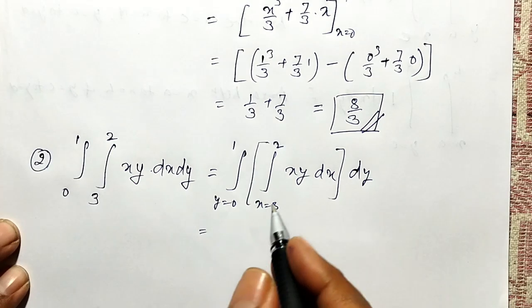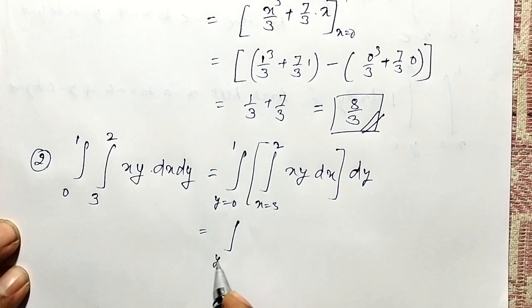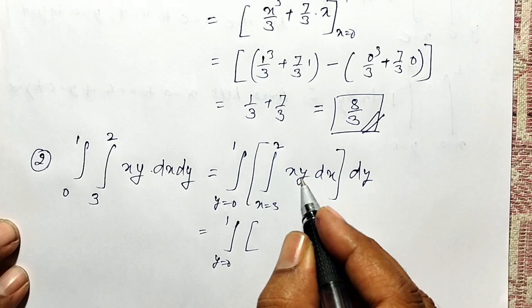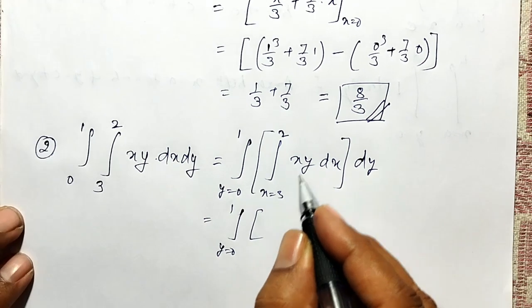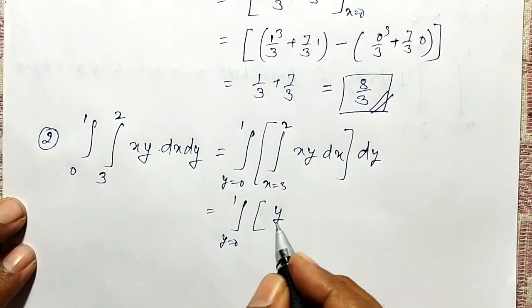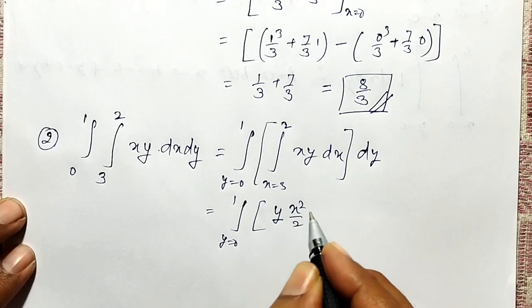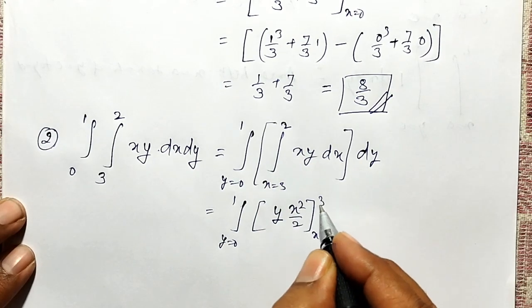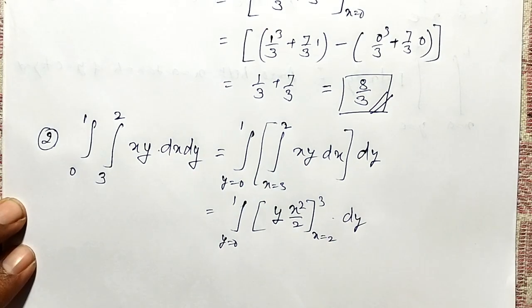Therefore, integration now first with respect to x, keeping y constant, y equal to 0 to 1. Integration of x into y with respect to x, we are keeping y constant, therefore y as it is, then integration of x will become x square divided by 2 between the limits x equal to 2 to 3 into dy, also I will continue as it is.